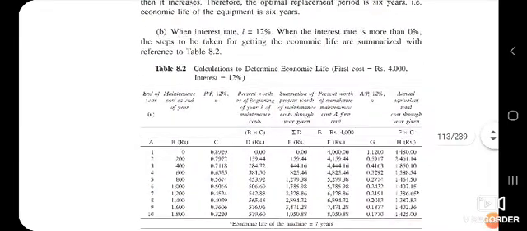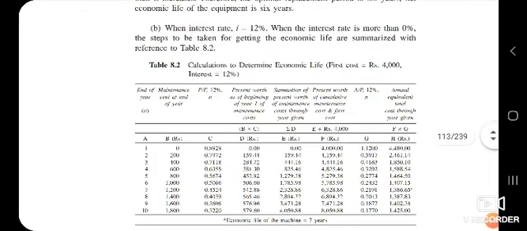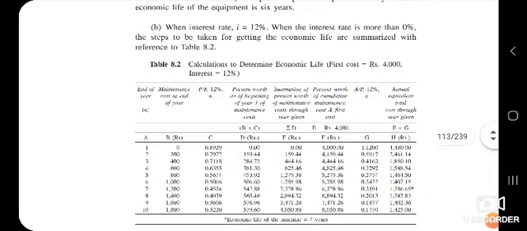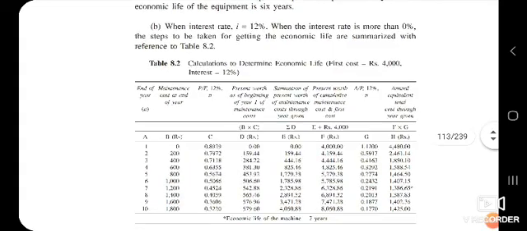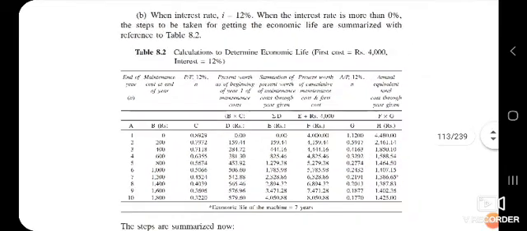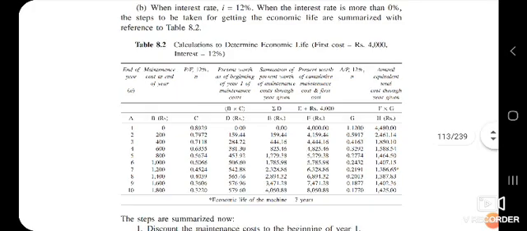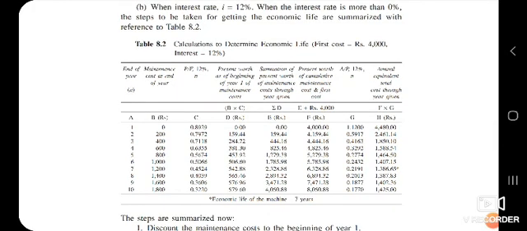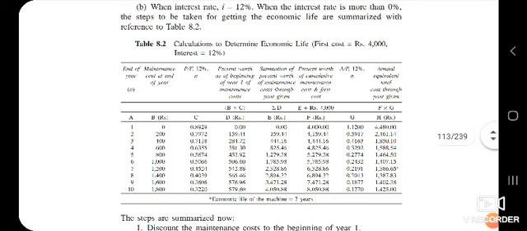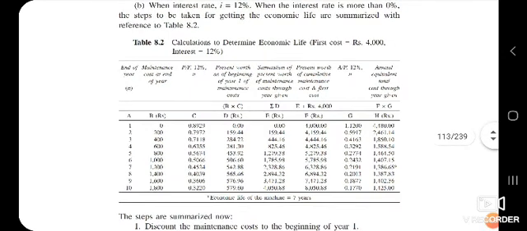So when the interest rate i is equal to 12%, when the interest rate is more than 0%, you have to include these things. So that is the end of year maintenance cost, and then F/P at 12% N. Please verify this in the previous units which I have explained.